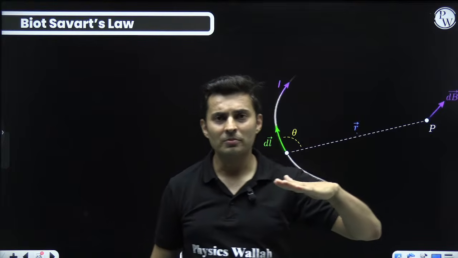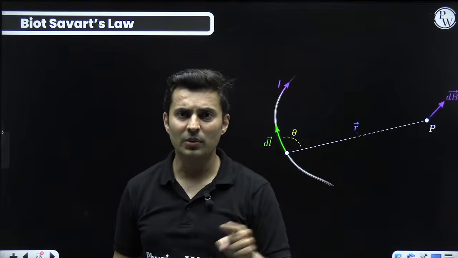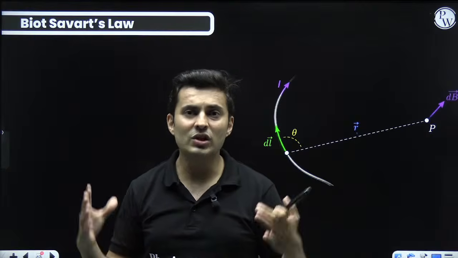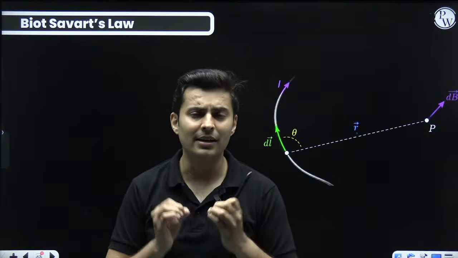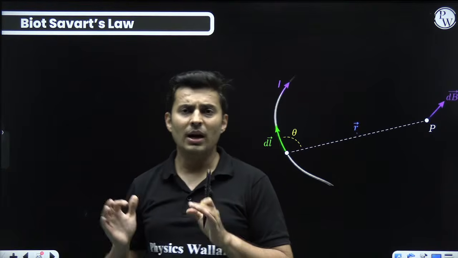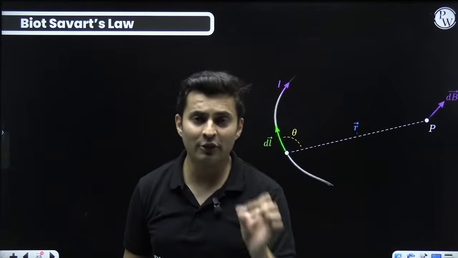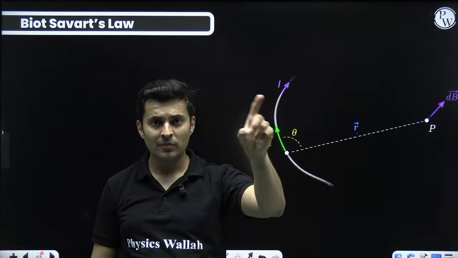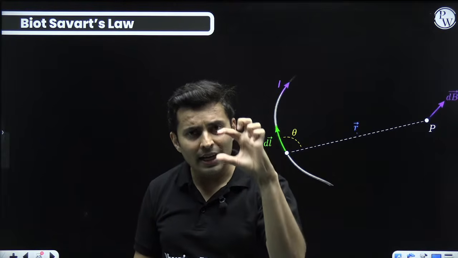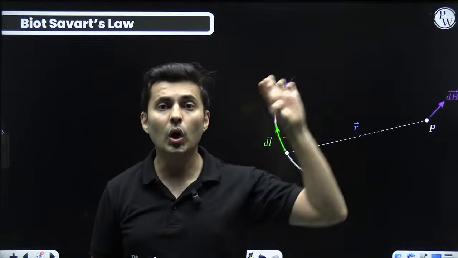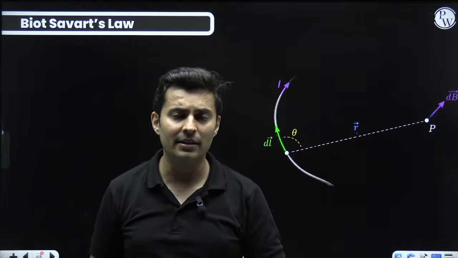It could be of any shape, it could have many wires also, and each of these wires might create a magnetic field. So what Biot-Savart did was make an expression to figure out how much every small element of the wire contributes towards the net magnetic field.